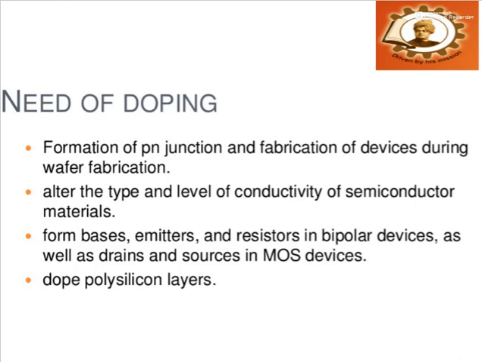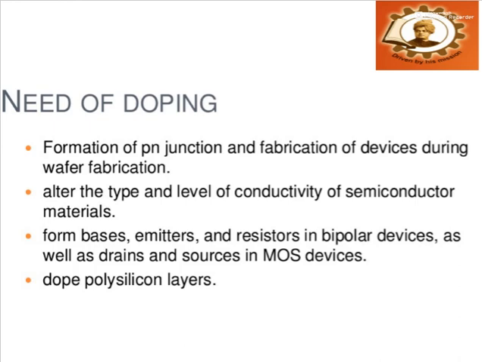Next we describe the basic necessity or need for doping. We know that we can fabricate a p-n junction diode. One side may be doped with some trivalent element, and the other side will be doped with a group 5 element, so that we can form a p-n junction device or diode by using this diffusion or doping process.